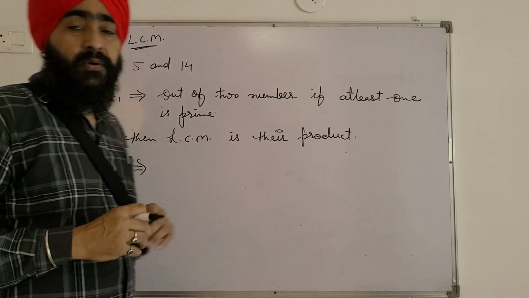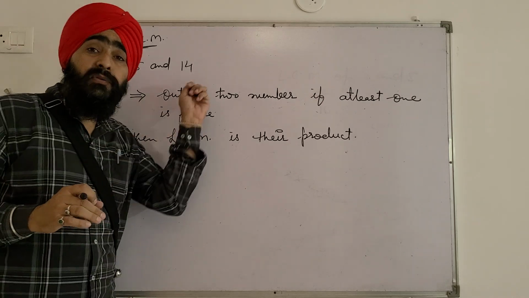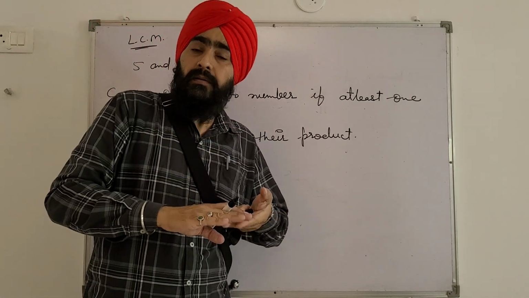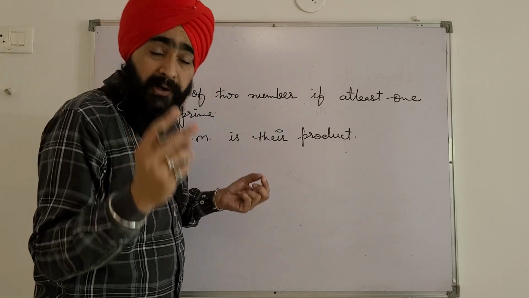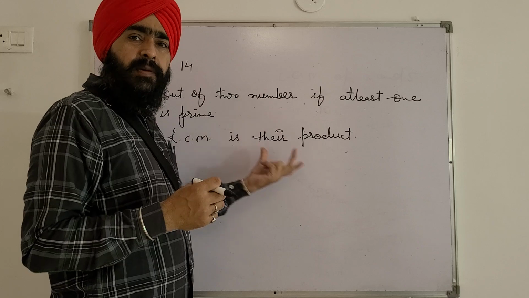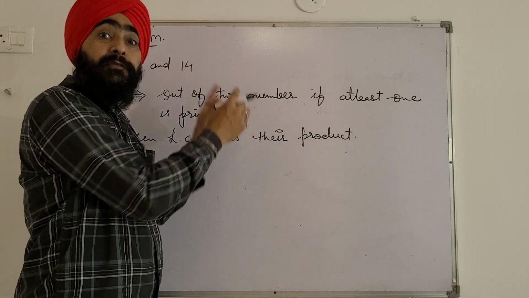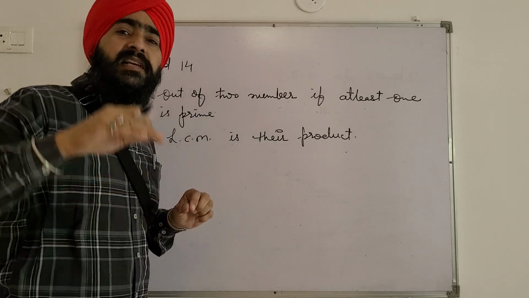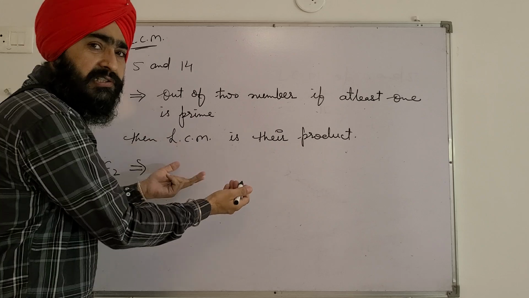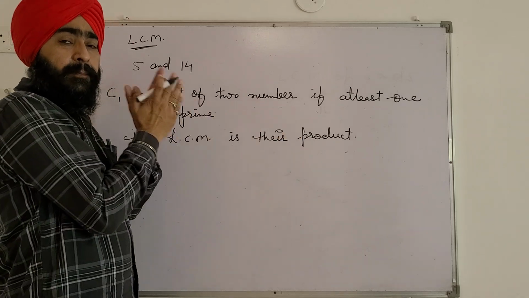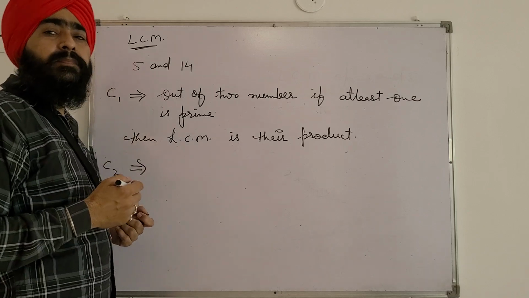Condition first says that if at least one is prime, or both are prime, the result will be the same: you have to find the product. दोनों में से एक प्राइम हो तो क्या करना है? तो कंडीशन वही सेम कंडीशन है बेटा, प्रोडक्ट कर दीजिए, then after that you will get the LCM directly.